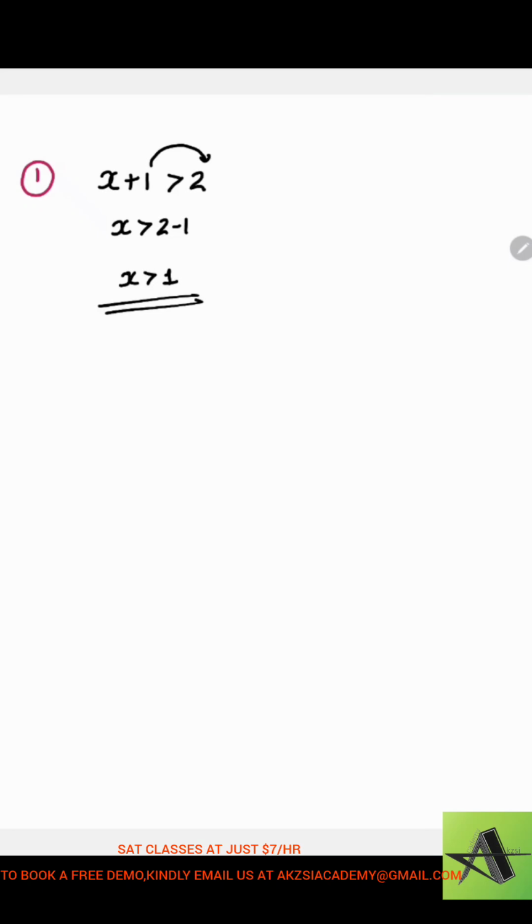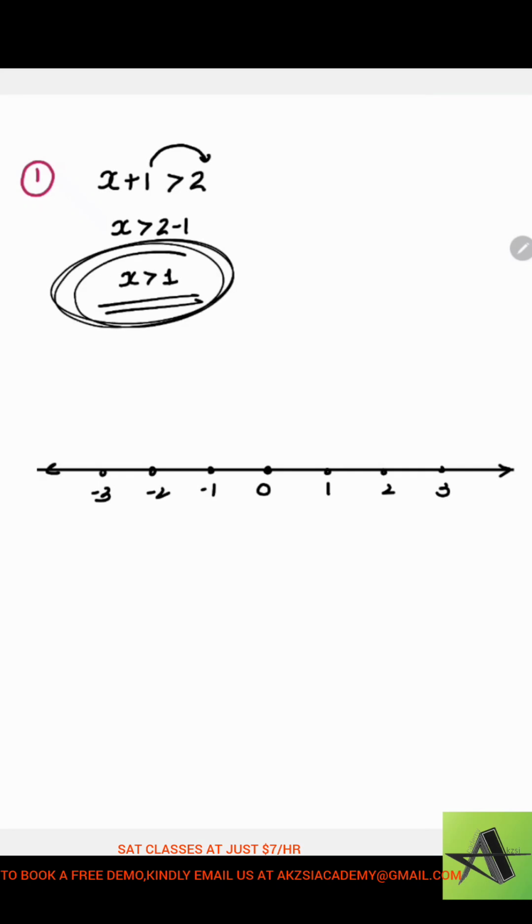When I represent it on a number line, because it's all about representing it on the x-axis, say for example, this is 0, 1, 2, 3, minus 1, minus 2, minus 3. When I represent this inequality, that means x is greater than 1.